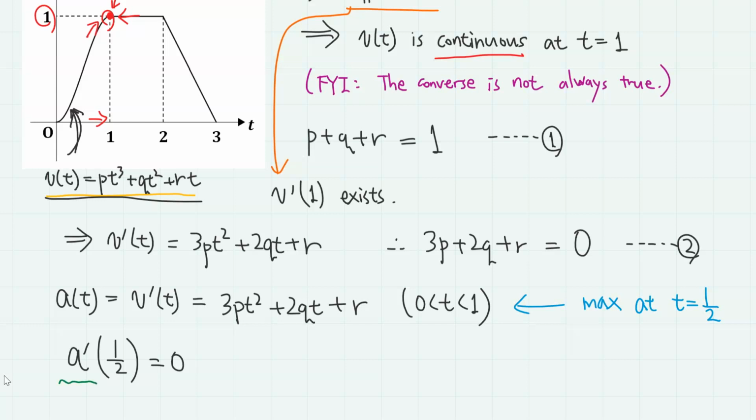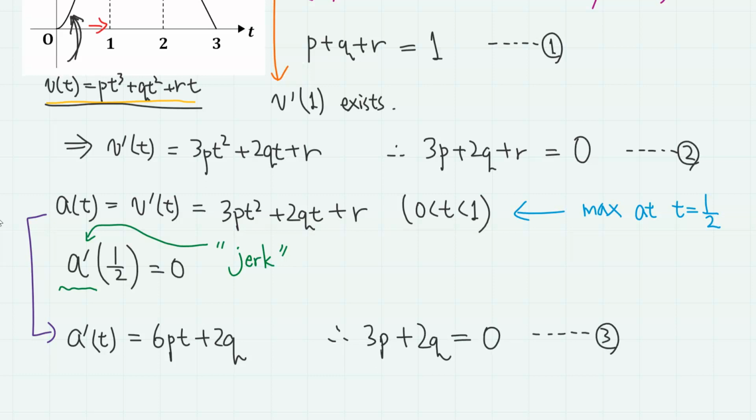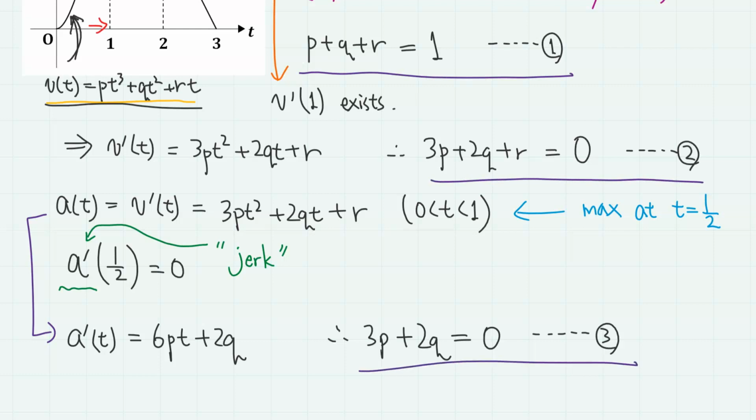FYI, this derivative of acceleration is known as jerk. If we take the derivative, a'(t) equals 6pt plus 2q. Therefore, at t equals 1/2, we have 3p plus 2q equals 0. So we have our third equation. So we have this system of equations, equation 1, equation 2, and equation 3.